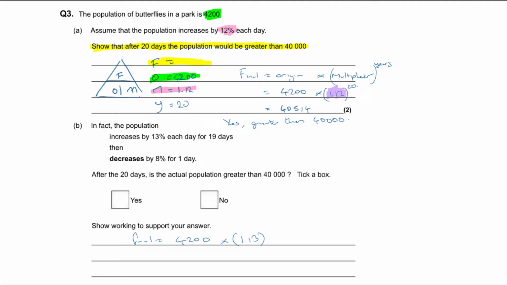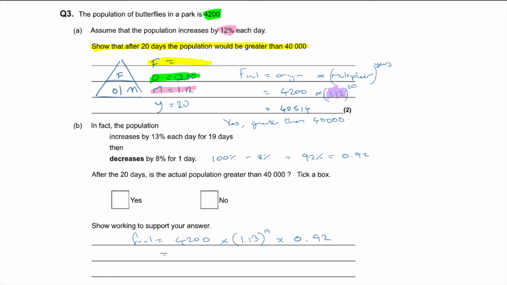Rather than 20, we're going to decrease it to 19, but then add that extra multiplier on the end, which is a decrease of 8%. So if you've got 100% and you subtract 8%, that leaves you with 92%, which is a multiplier of 0.92. So I'm going to multiply it at the end by another 0.92 to see what difference that makes.